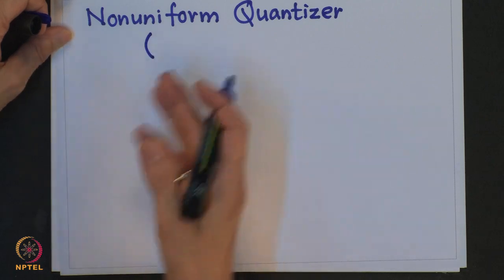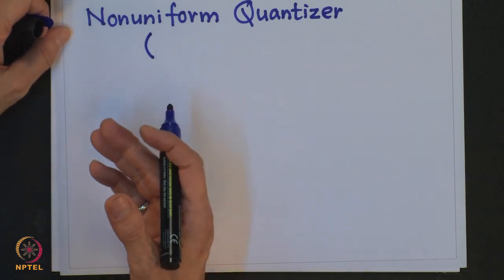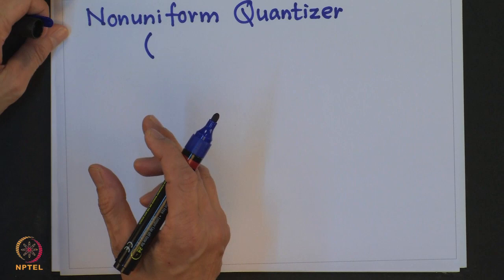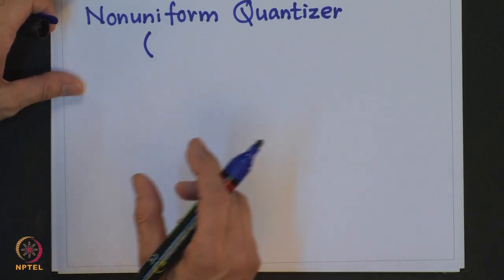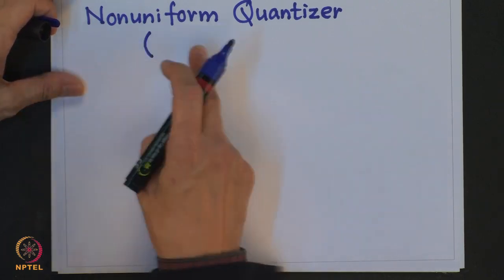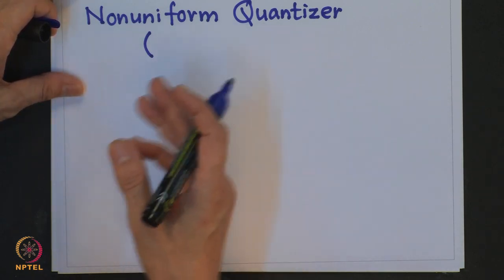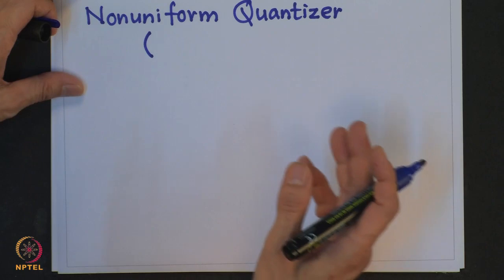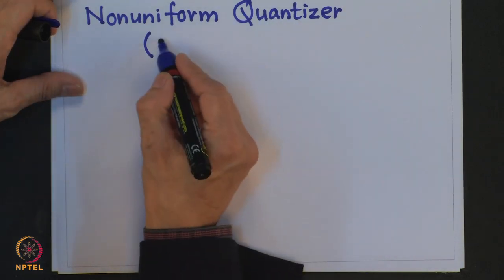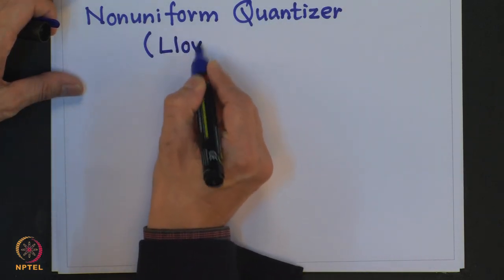The first algorithm to obtain the values of the quantization decision boundaries and the reconstruction levels for this non-uniform quantizer was provided by Lloyd and Max, and that is why it is known as the Lloyd-Max Quantizer.